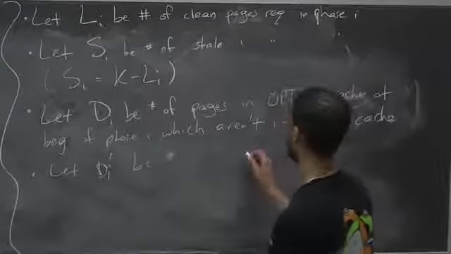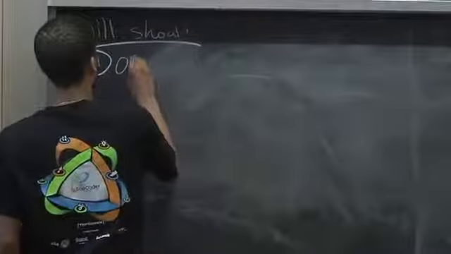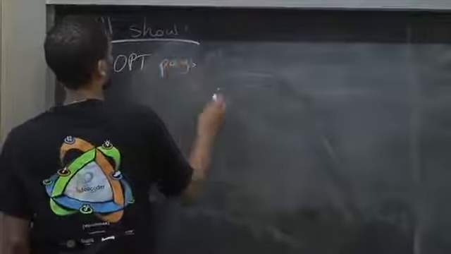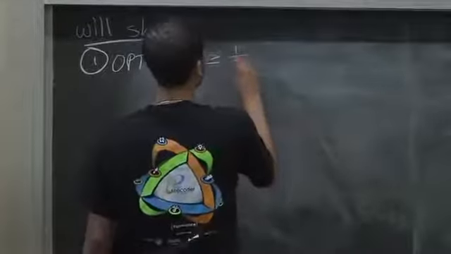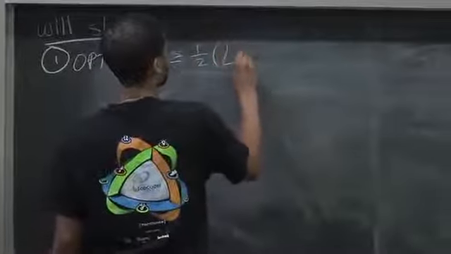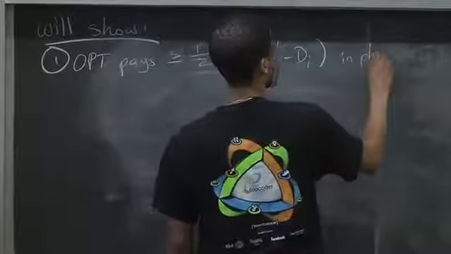Interrupt me if you have any questions. So what we will show: one, opt pays at least, I think I'm going to say, 1/2 Li plus Di prime minus Di in phase i.